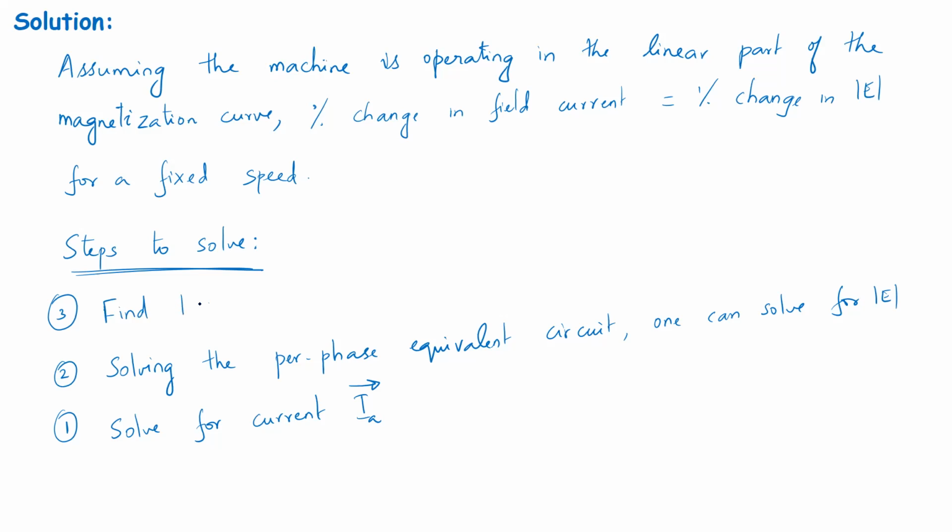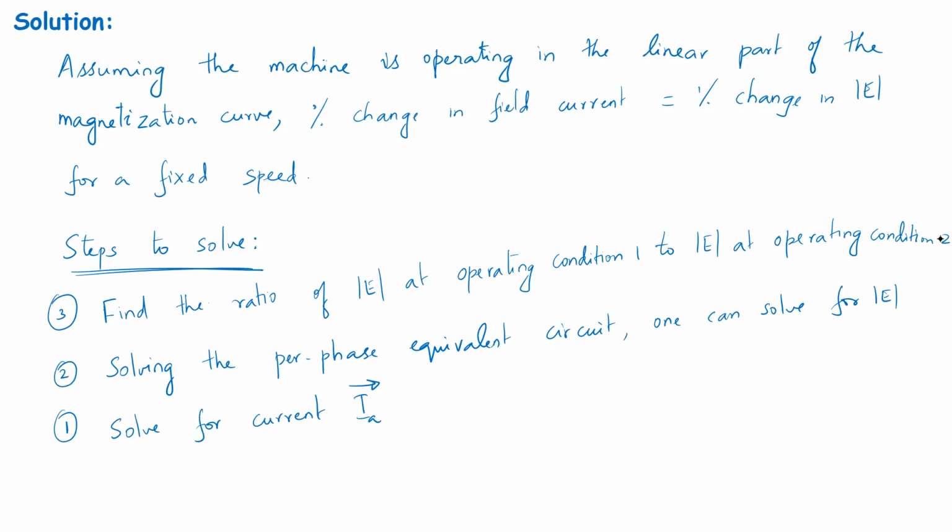Find the ratio of E at operating condition 1 to the magnitude of E at operating condition 2. This is the whole process that we need to follow.